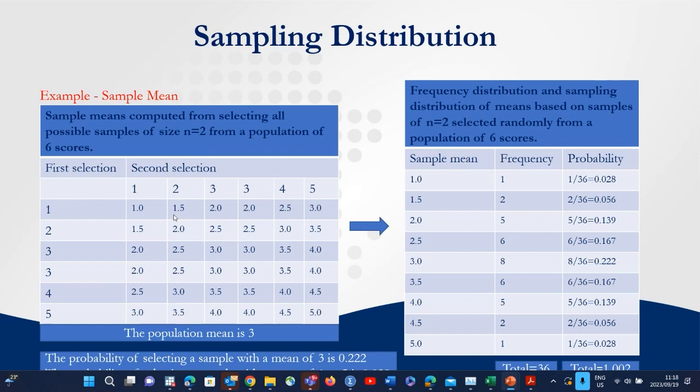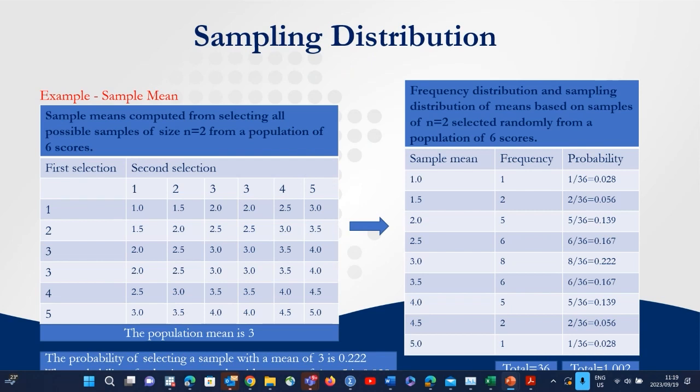It gives me 2. If my sample has a 1 and a 5, then I'm going to have an average of 3 because it's 1 plus 5 divided by 2, and so on. So these are the possible averages, all of them for my population.